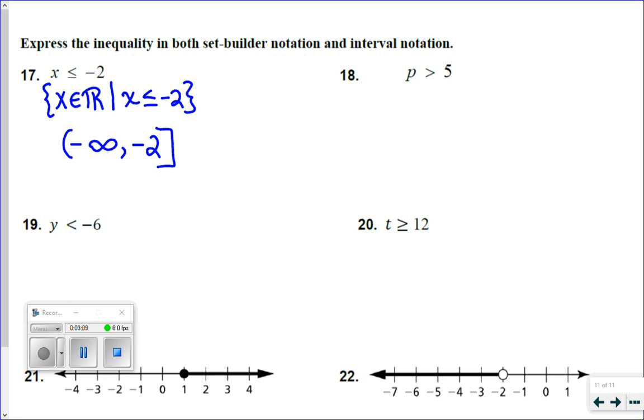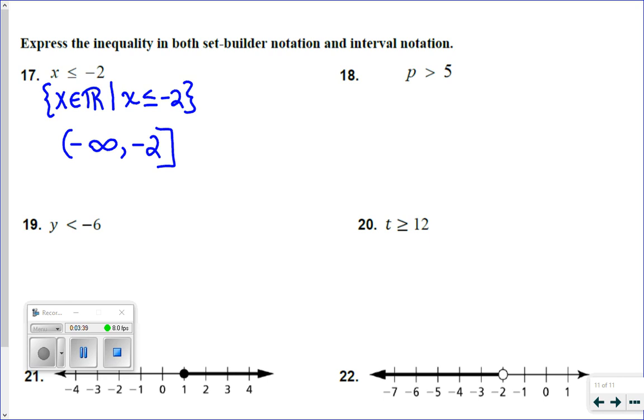And when it's a one-sided inequality, like all of these are, then it's going to be infinity, either negative, which would always be stated on the left. You always go from low to high, from small to large. So if it's going toward -infinity with that less than sign, then it should be on the left. And then in a moment, you'll see what it looks like if it's on the right. Okay? And then the -2 is kind of the upmost boundary, the highest number it goes up to. And we squared that off because it's or equal to.